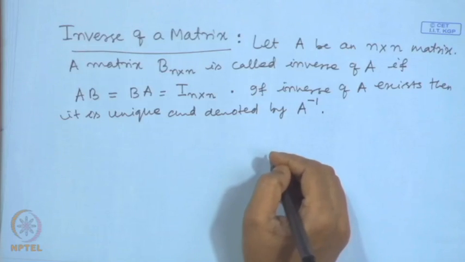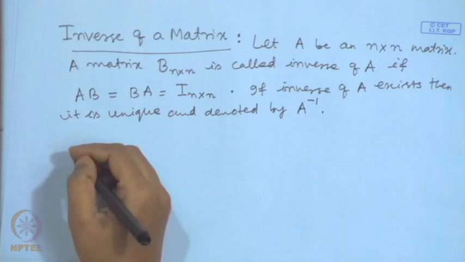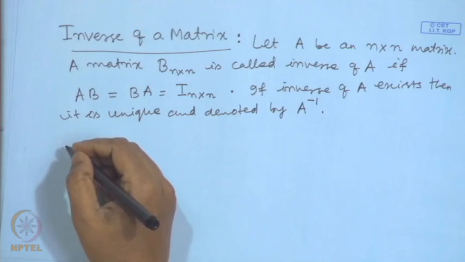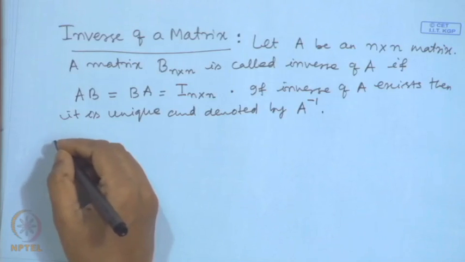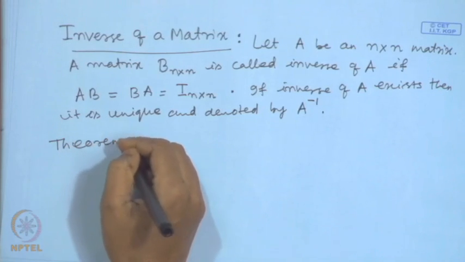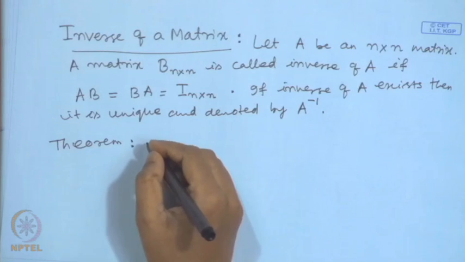So, the inverse of all square matrices may not exist. Here in the following theorem, we give a necessary and sufficient condition for the existence of the inverse of a matrix.